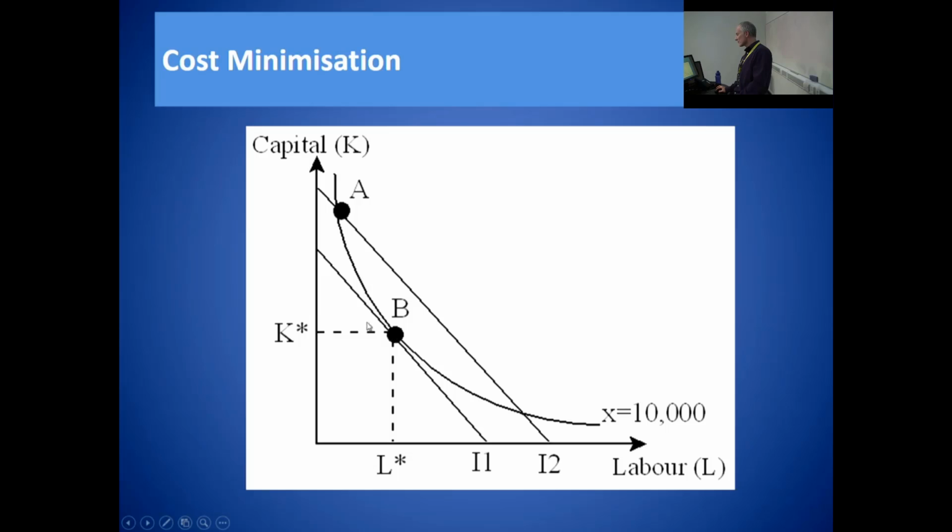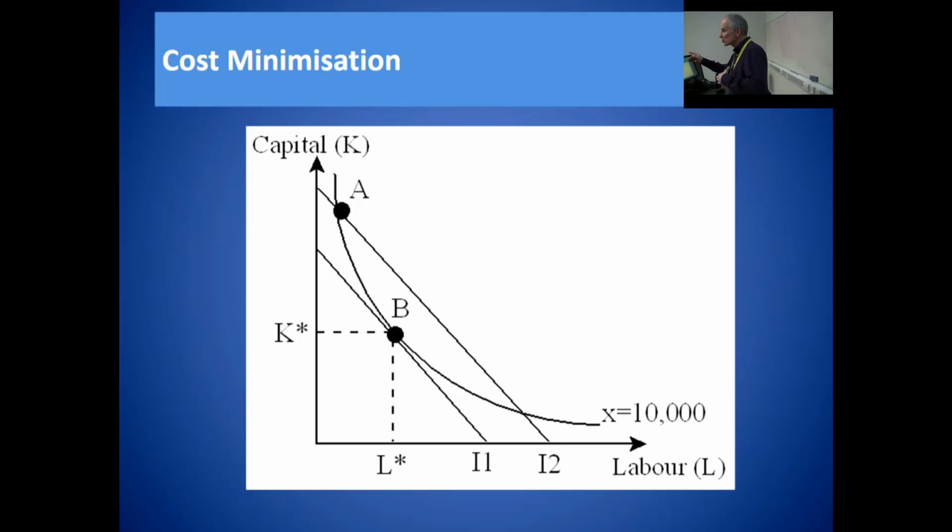At point B, the iso-cost line, I1, just touches the isoquant associated with our 10,000 units of output. And it just touches at point B, and that suggests an input combination of K star units of capital and L star units of labour.